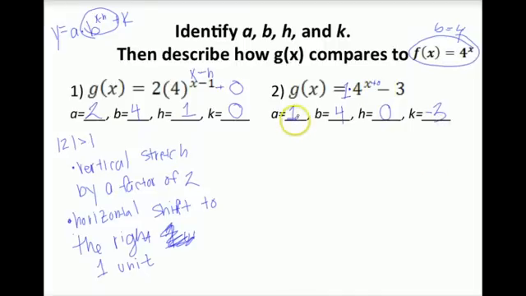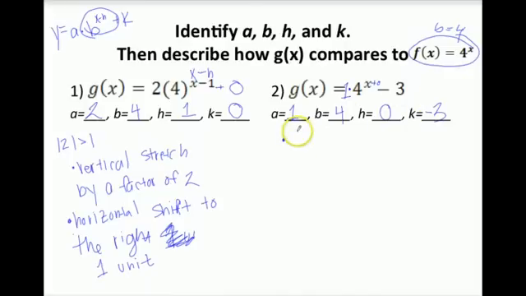So now, since A is 1, we have no reflection, we have no stretch or shrink, so we don't have to describe that. B is the same as f of x, so we don't have to describe that as well. H is 0, so that's saying we have no horizontal shift, so this graph isn't moving to the right or to the left at all, so we don't have to describe that either. So the only thing we need to describe is our K value of negative 3.